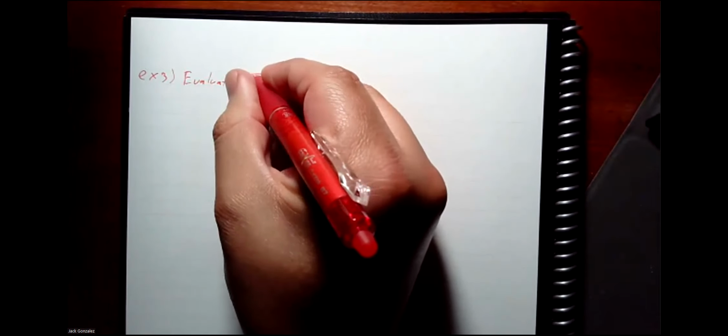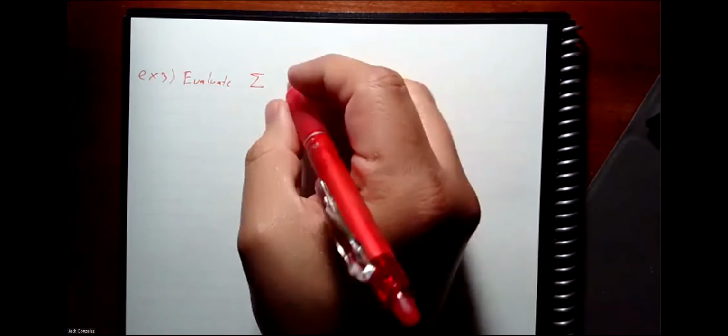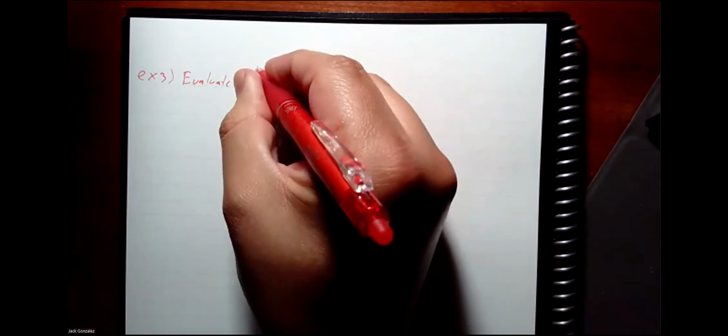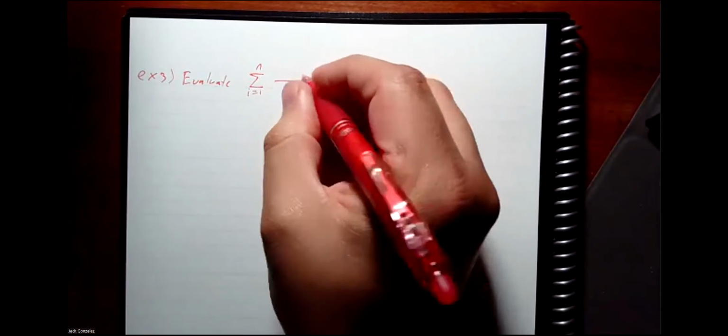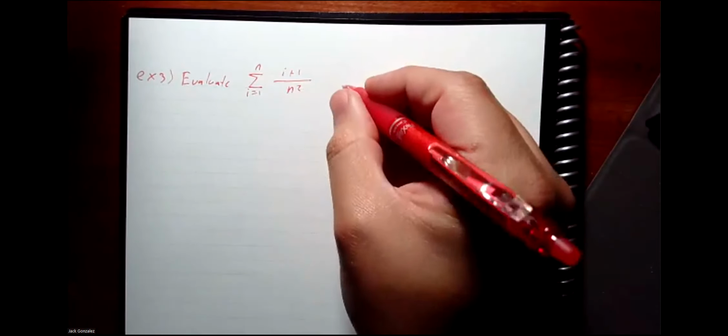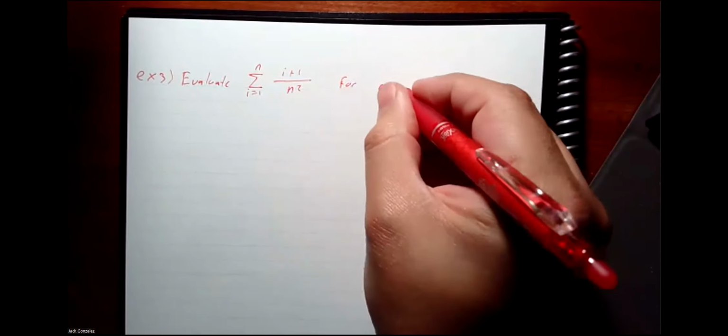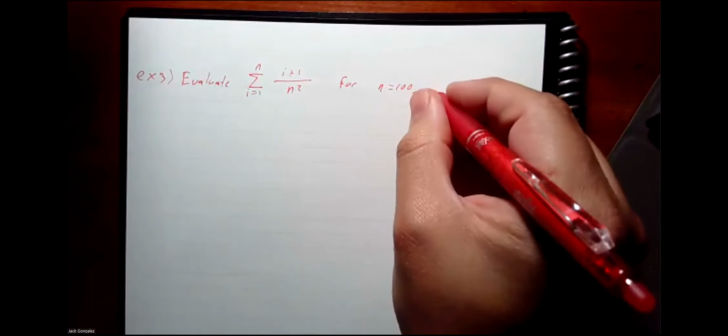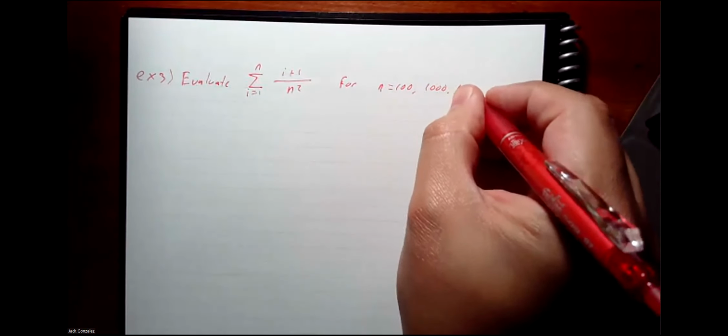So evaluate the sum i equals 1 to n of i plus 1 over n squared for n equal to 100, 1,000, 10,000.